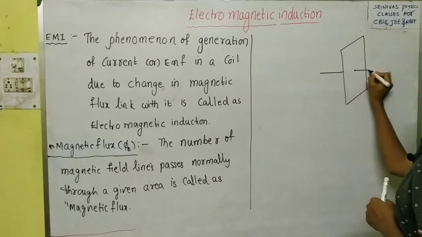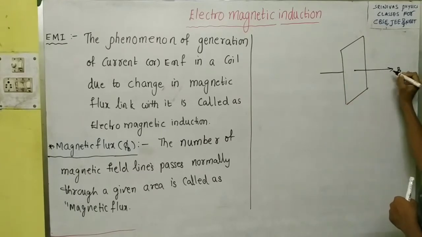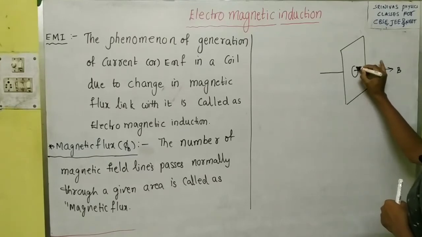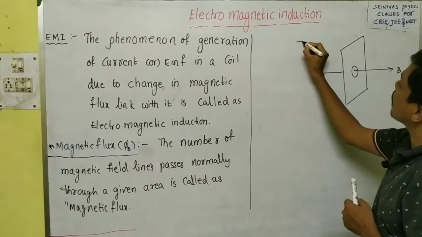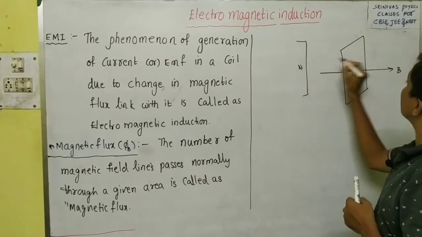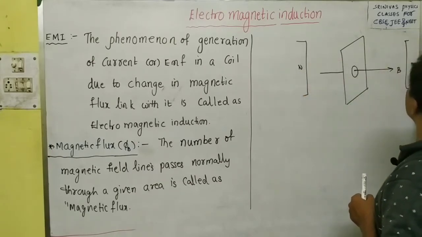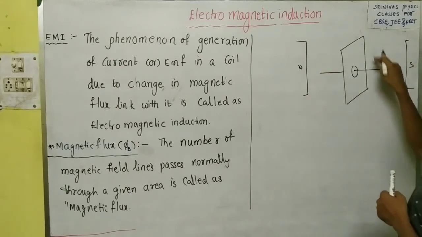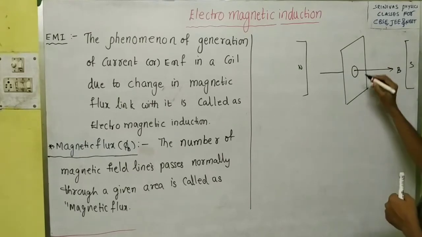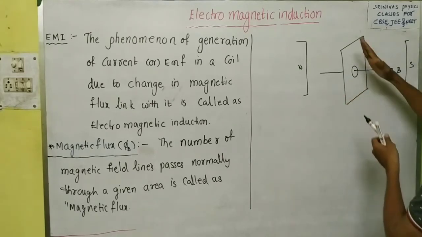To place this paper in the magnetic field, we place a north pole here and a south pole here. Then the field is from north to south. In between, we place the paper like this.